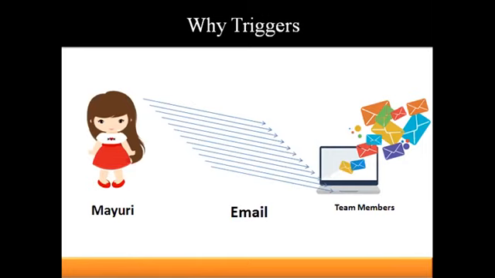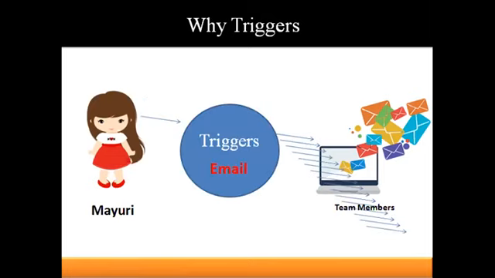So it leads to inefficiency of the team leader. It takes a lot of time and she has to spend time to send a mail to each and every person that is available in the database. So in this case, she got the idea that she creates a trigger in between the database and the user, a trigger on the company database.